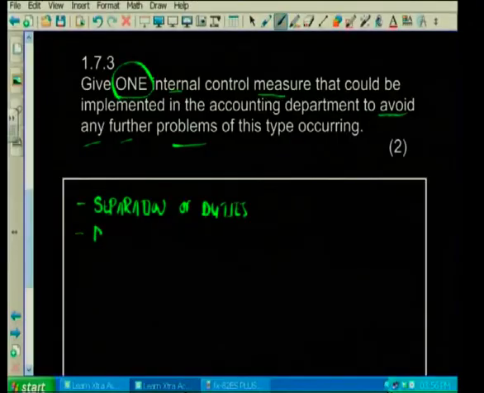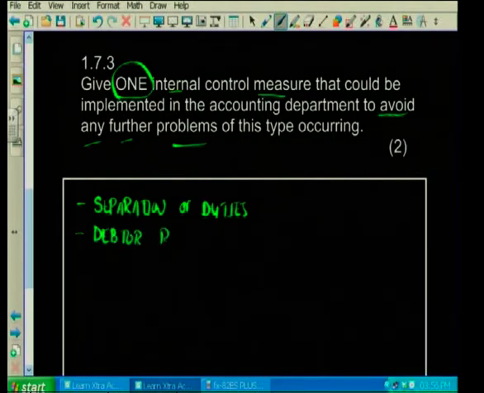What else can we be doing? What about a debtors recon? This should be done on a continuous basis. Why? To ensure that by doing my debtors reconciliation, I will find out where a debtor will complain and say, sorry sir, but this amount is not reflected on my statement, or there seems to be a problem with my account, I've paid the amount and it's not being reflected.